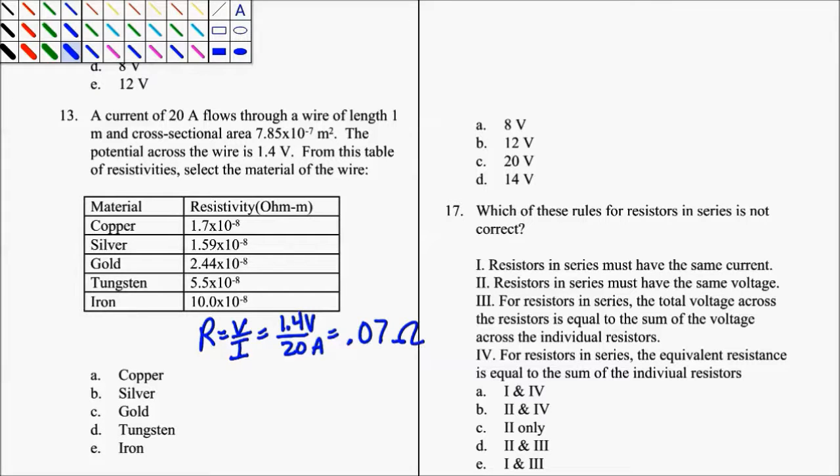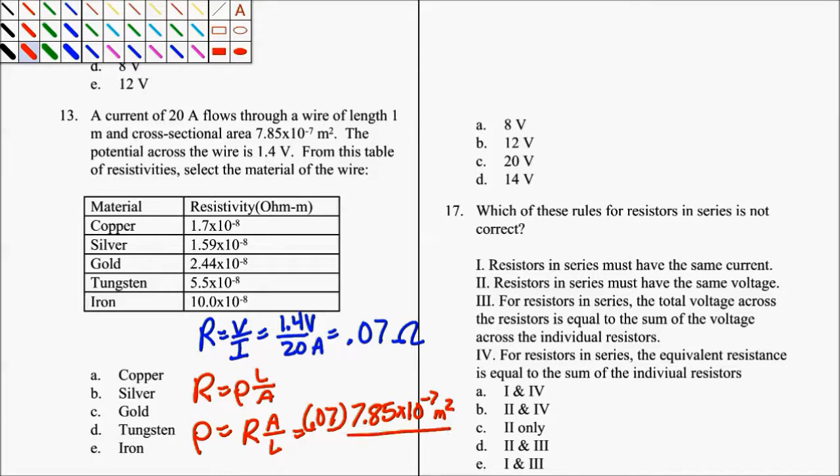And then I know that R is equal to rho L over A. So I can solve this for rho. That's equal to 0.07 times the area, which is 7.85 times 10 to the minus 7, divided by the length, which was 1 meter.